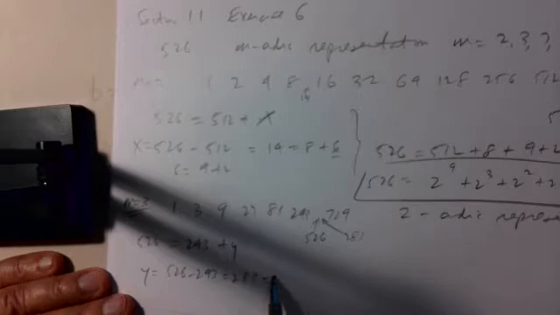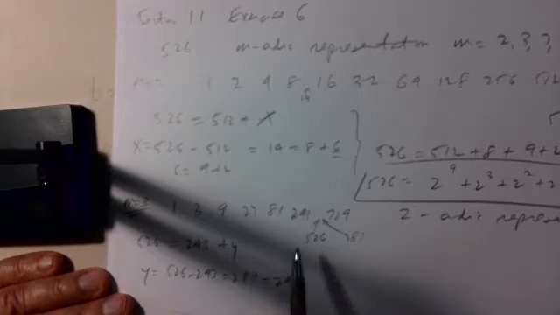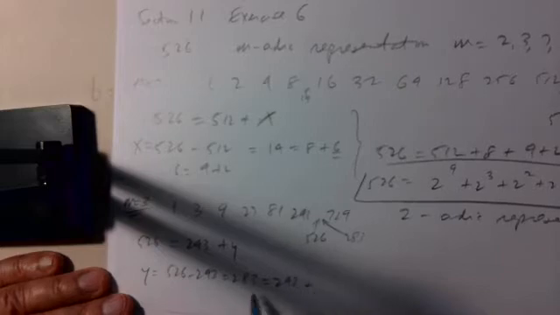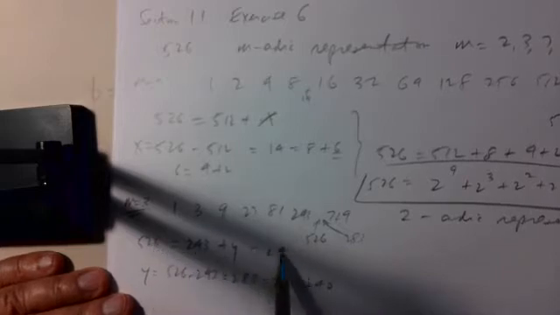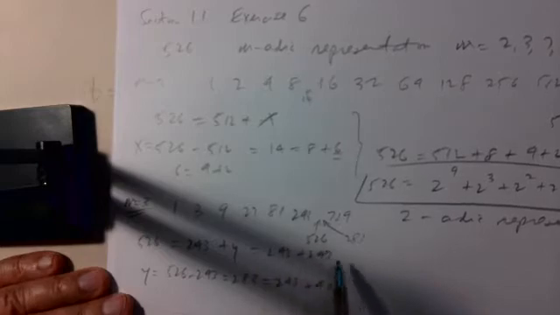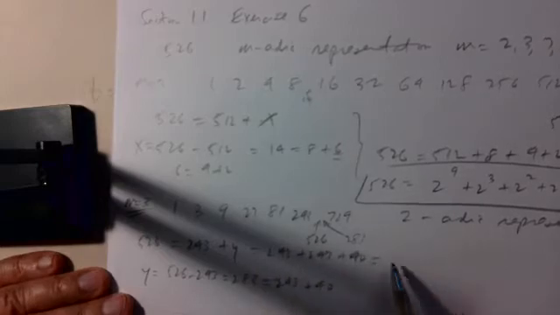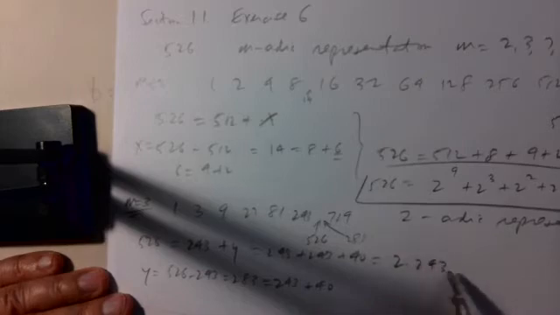So I'm going to write this as 243 plus, well, that's easy, plus 40. So what I have so far is that 526 is 243 plus 243 plus 40, which is 2 times 243 plus 40.